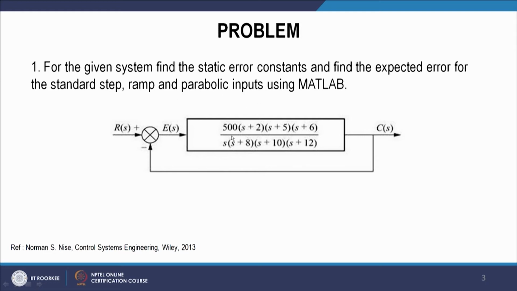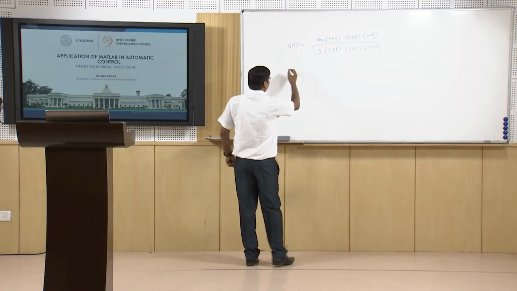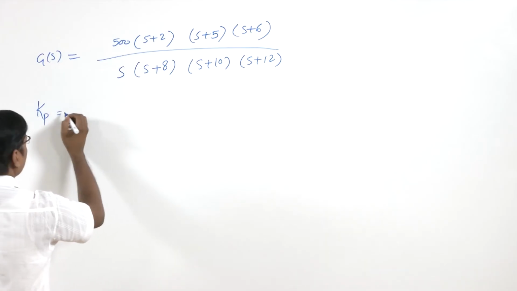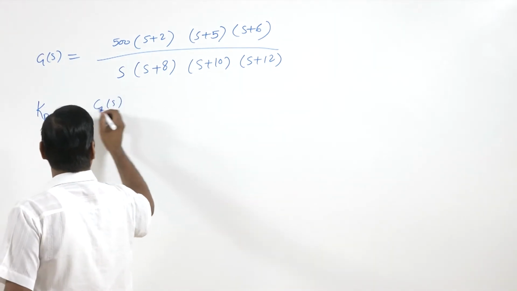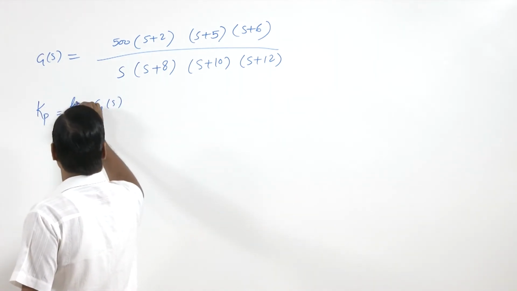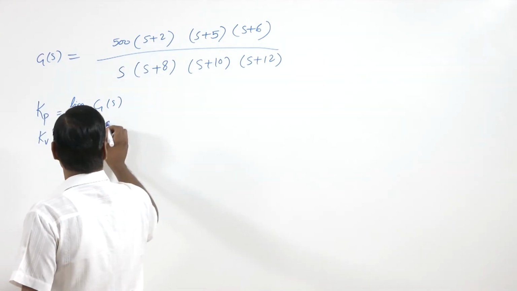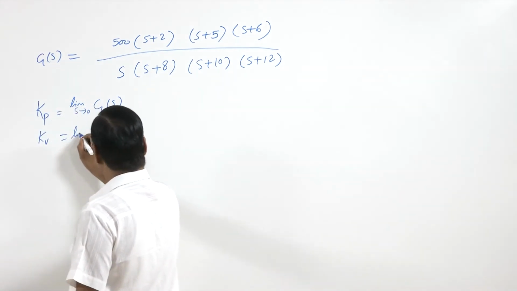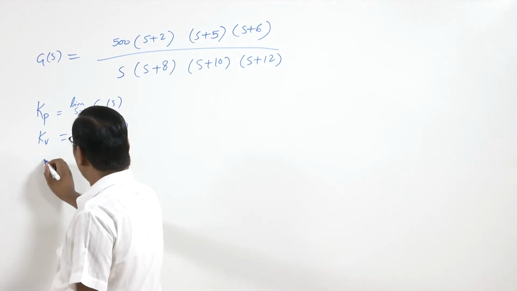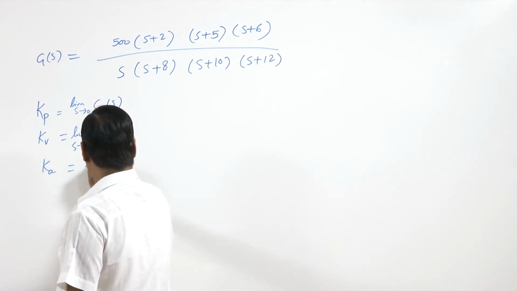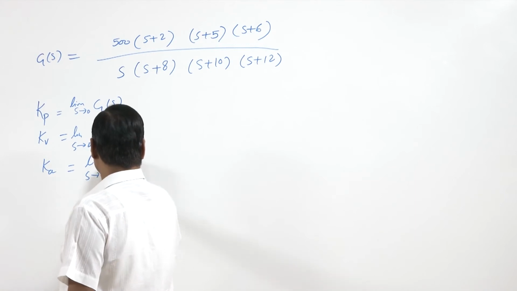And we have already defined the static error constants. So Kp equal to the limit of G(s) as s tends to 0, then Kv equal to the limit of s G(s) as s tends to 0, and Ka equal to the limit of s square G(s).